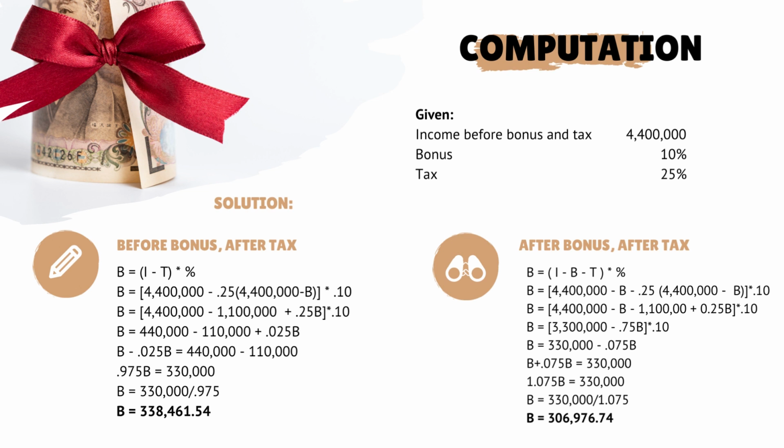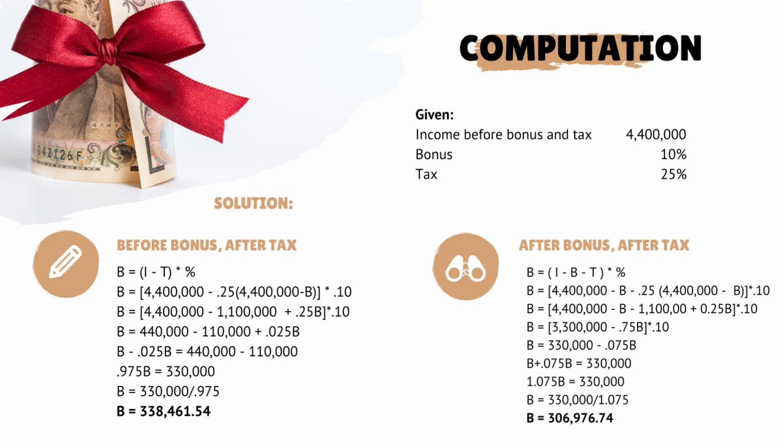Bonus equals 306,976.74. Okay? So the difference between these two is that here we multiplied one by one: 0.1 times 4.4 million, 0.1 times 1.1, 0.1 times 0.25. However, here we already deducted first. So all like terms are combined. Since these are whole numbers, 4.4 million minus 1.1, we combined them. That's 3.3 million.